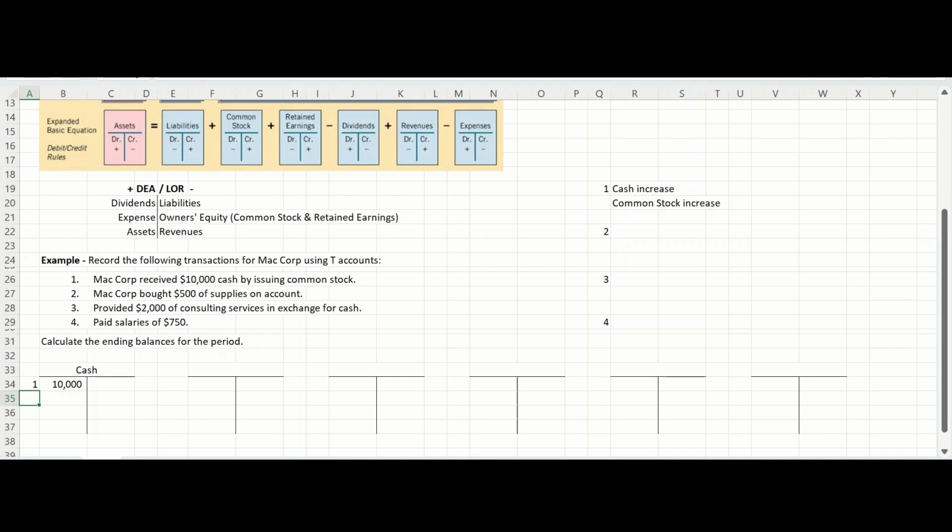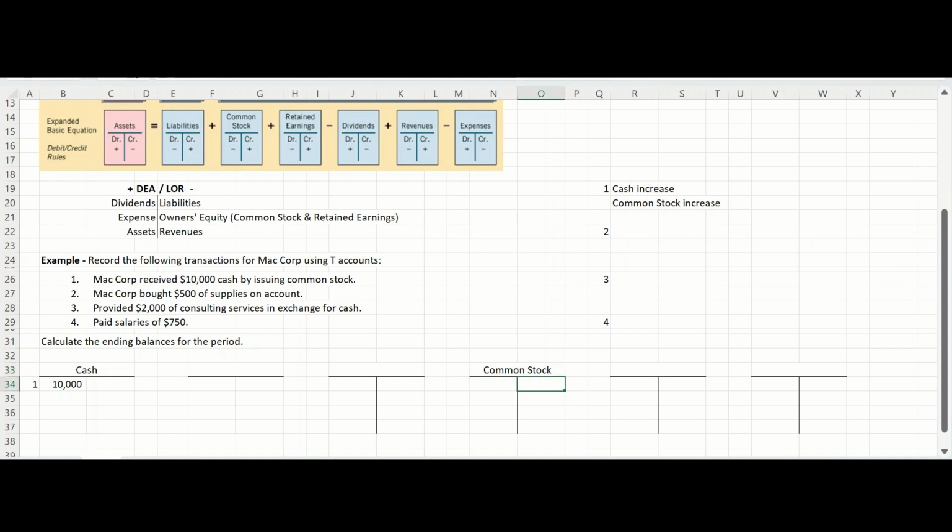All right, we said cash was one part of the transaction, so that's our debit. Now we have another part of the transaction, which is common stock being increased. Common stock is an owner's equity account, and we know that based on our dealer mnemonic. Owner's equity is increased with credits. So I'll put common stock just over here out of the way for now.